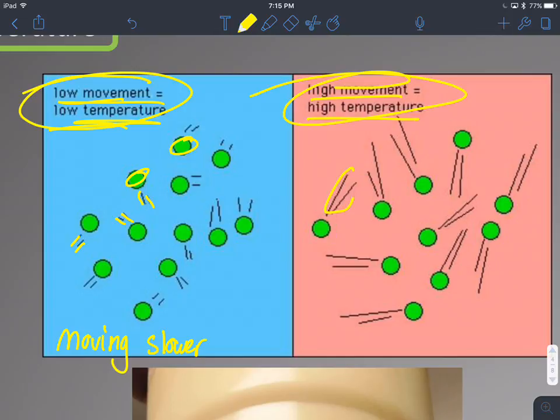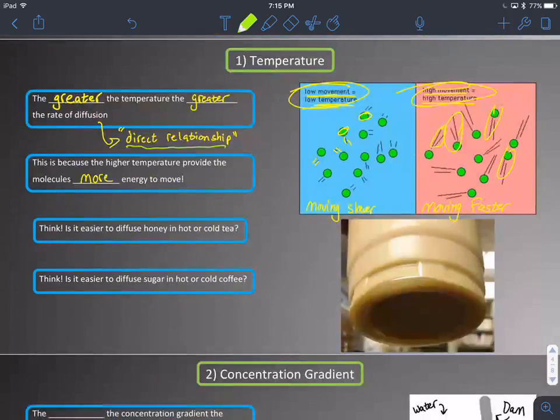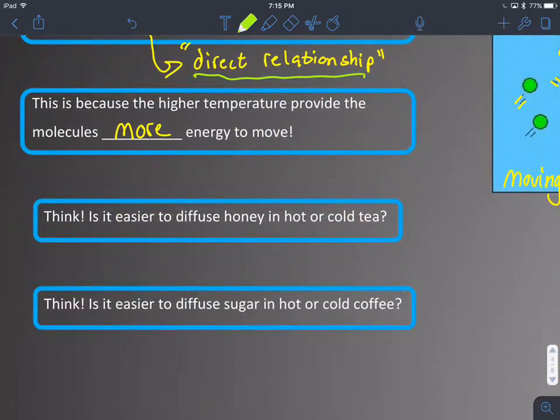And if we look at how these molecules are moving, we can see that they're shown to be moving faster. And so, as I said earlier, there is this direct relationship between temperature and the rate of diffusion, the speed of these objects, okay?